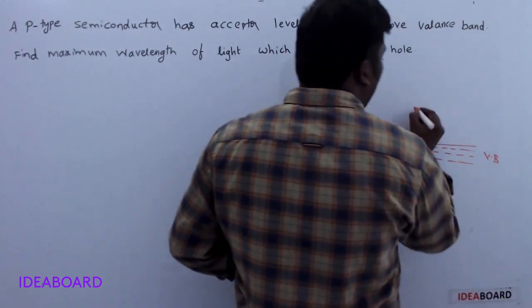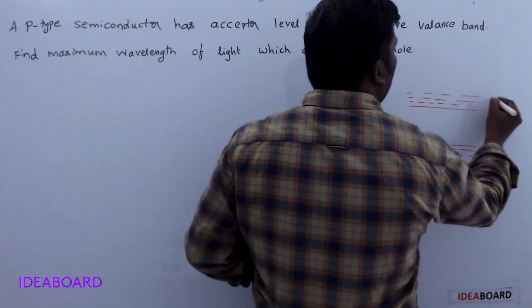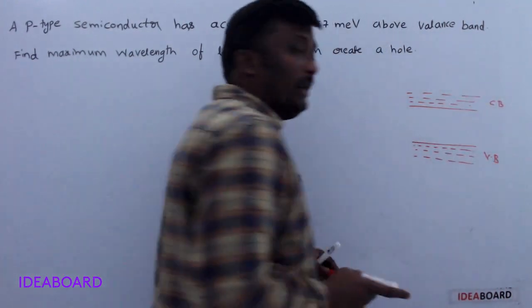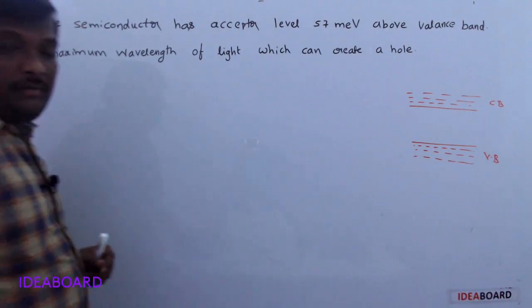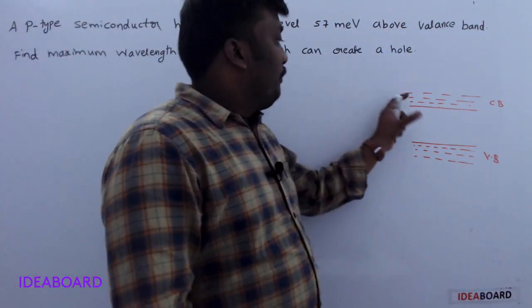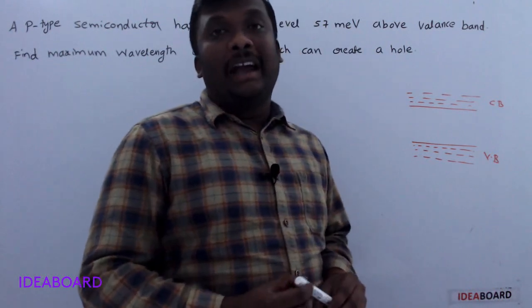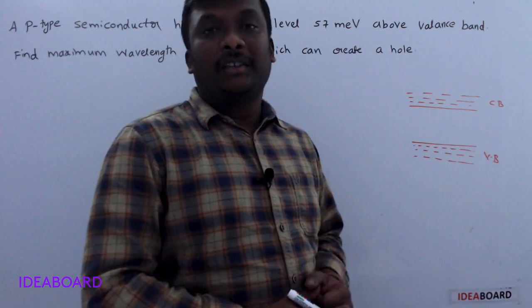This is the valency band and this is the conduction band. It is a p-type semiconductor. If you add a trivalent impurity to a pure semiconductor, only then is a p-type semiconductor formed.